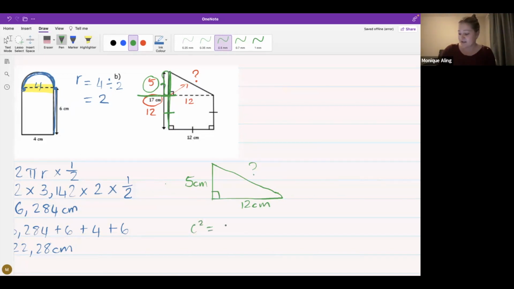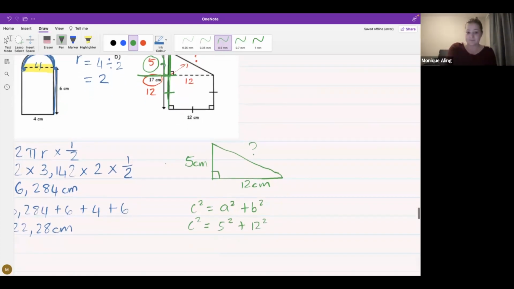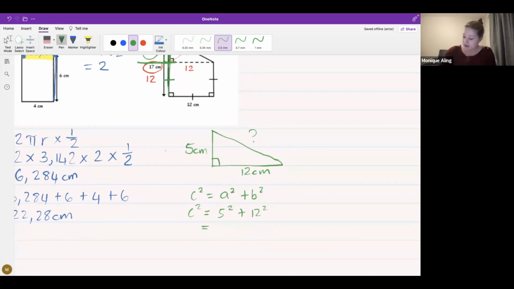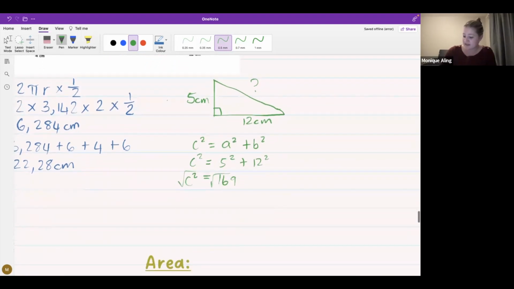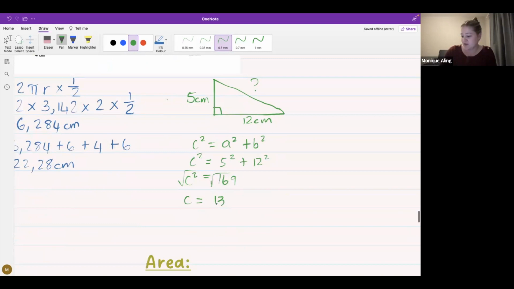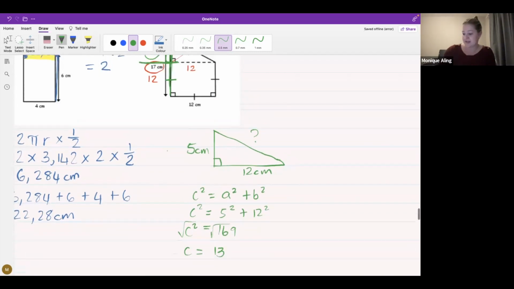Using Pythagoras, we say c squared is equal to 5 squared plus 12 squared, which gives you 169. Square root, c is equal to 13.